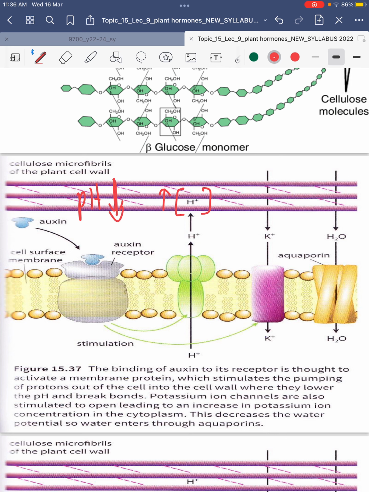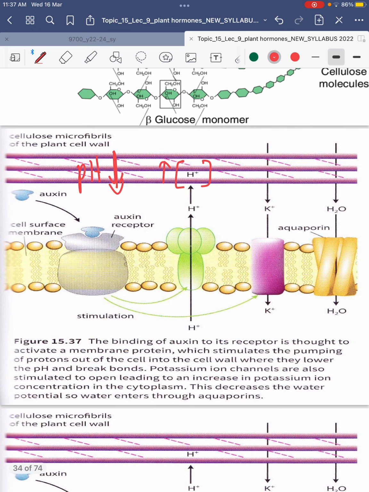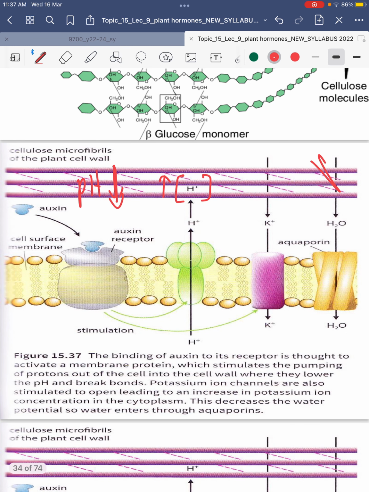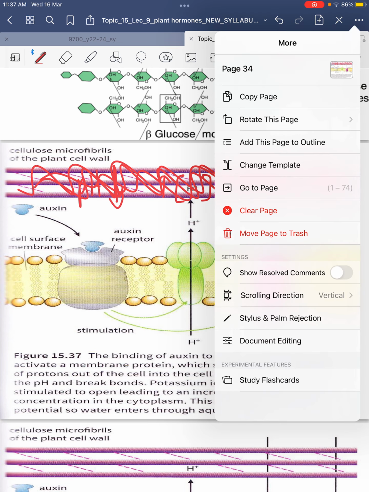And the low pH will loosen up the cross links between the cellulose microfibrils. We'll talk about that in a moment in more detail.